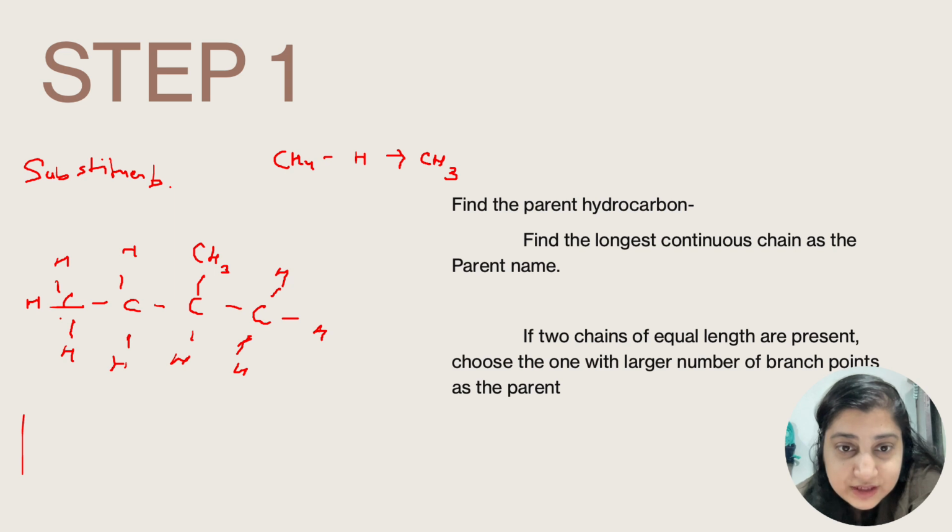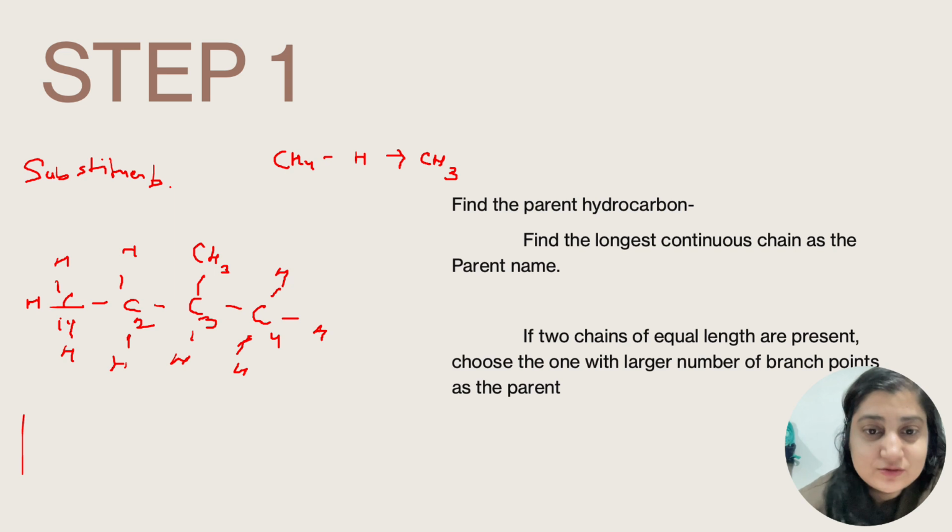From here if we count 1 2 3, 4 is the highest number. So you can take it either way. Let's take it like this only.